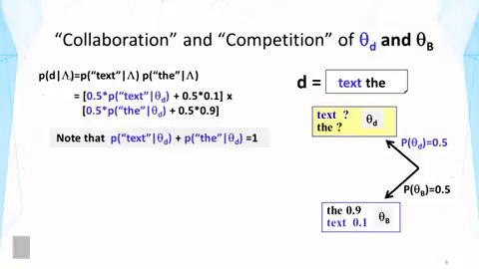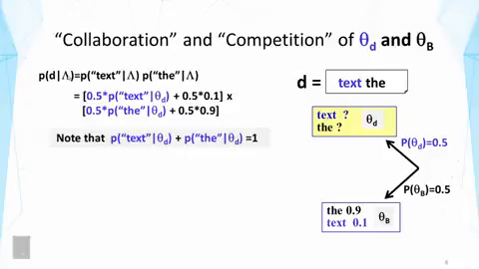If we look into this further, we'll see some interesting behavior of the two component models in that they will be collaborating to maximize the probability of the observed data, which is dictated by the maximum likelihood estimator. But they are also competing in some way, and in particular, they will be competing on the words. And they will tend to bet high probabilities on different words to avoid this competition in some sense, or to gain advantage in this competition.